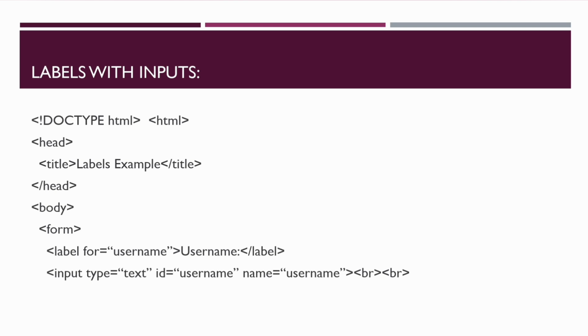For that text, then I write ID, which links the label and the input. Here we need to put the username, which is equal to the for attribute. Continuing, name equal to username. Next, two breaks.